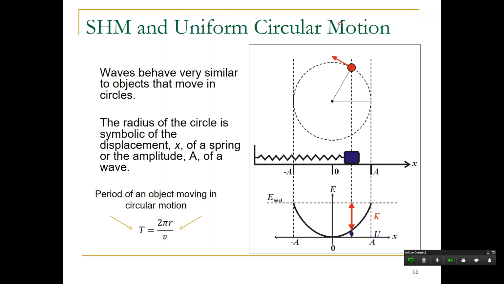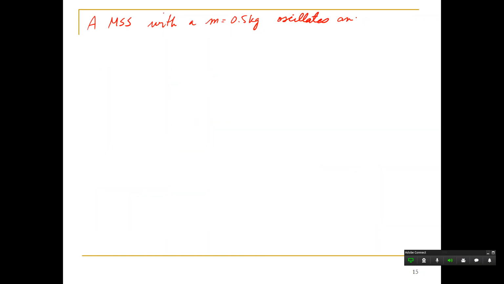So we're going to a spring mass system, or mass spring system, an MSS, with a mass of, let's say, 0.5 kilograms, oscillates and damps.